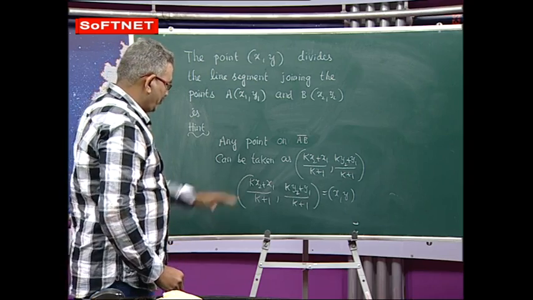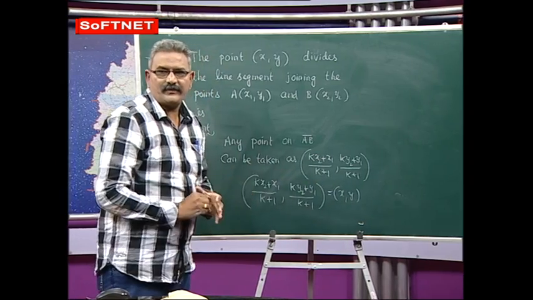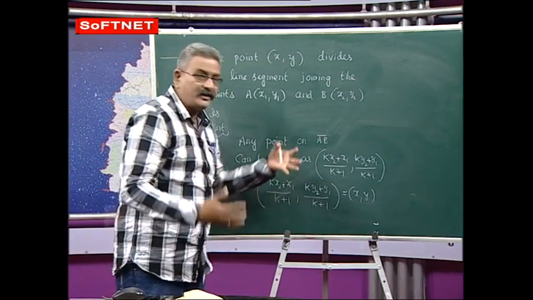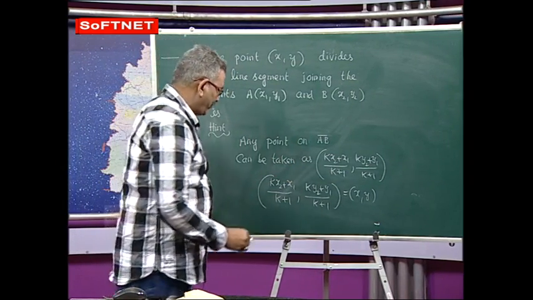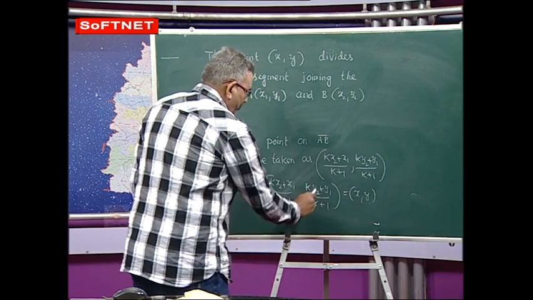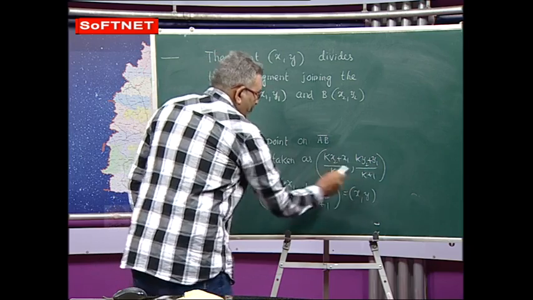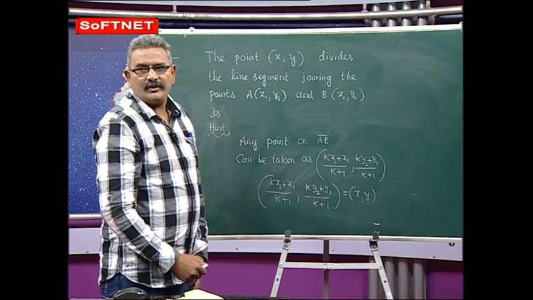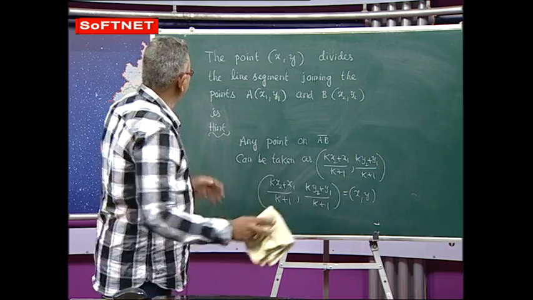Now, here are two ordered pairs. If you want to equate two ordered pairs, the x coordinate is equated to the x coordinate, the y coordinate is equated to the y coordinate. So, let us equate it now.